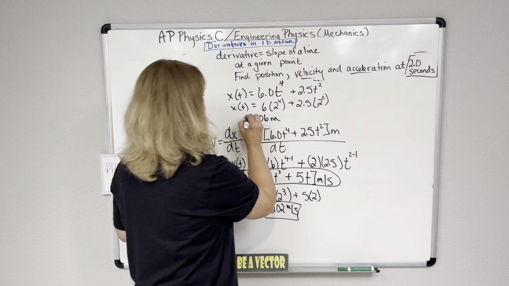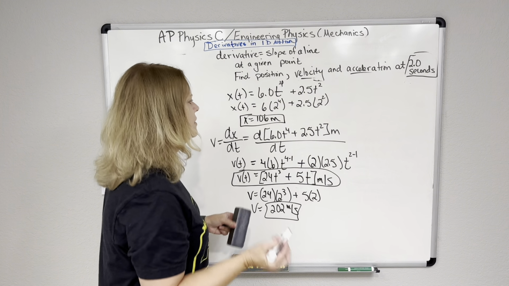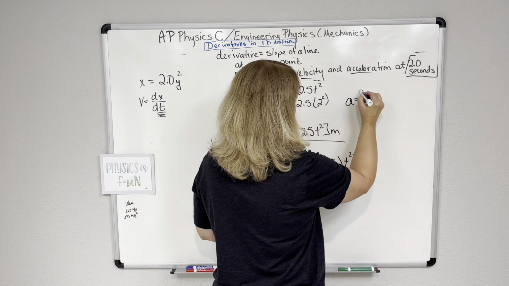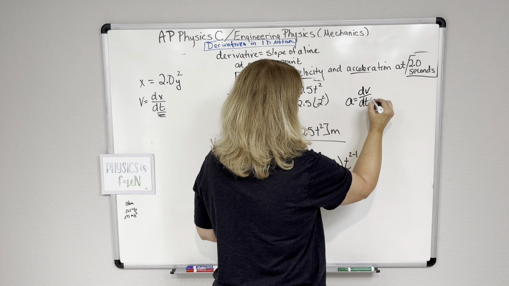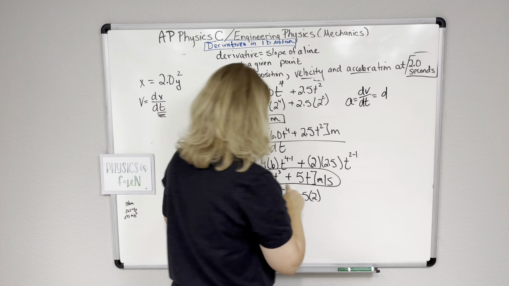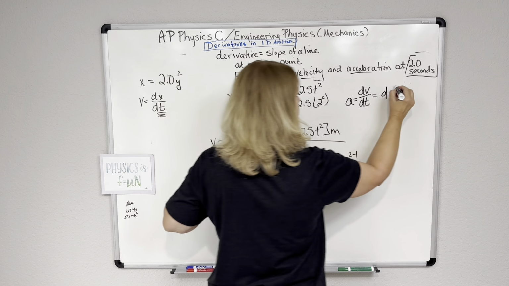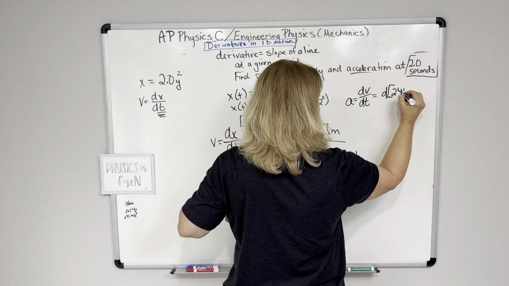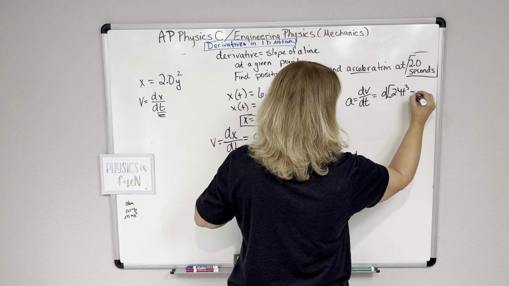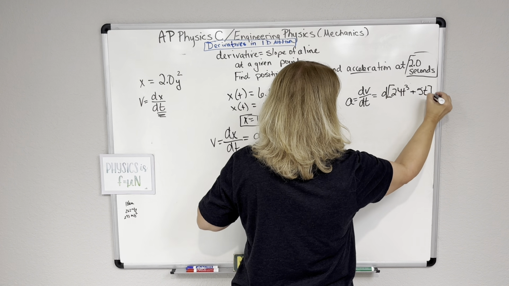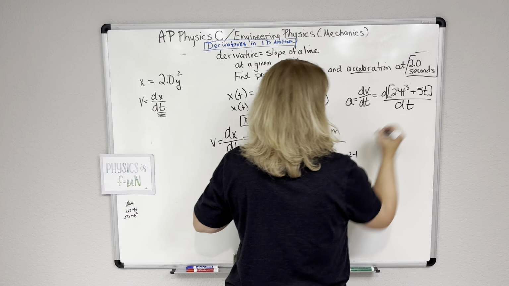Perfect. All right, we have x. Now we're going to do acceleration, and then we're done. We have the derivative of velocity with respect to time. I'm going to take this expression for velocity, 24t cubed plus 5t, and take the derivative of that with respect to time.